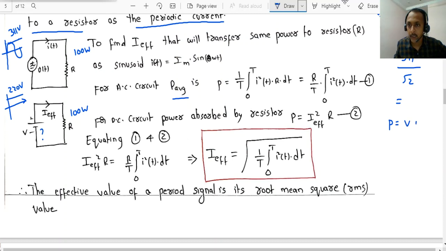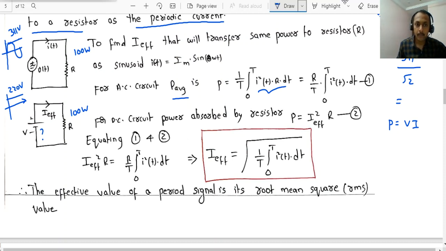Power P equals VI. Average power you get by integrating the power over the time period: 1 by T, integral from 0 to T of i square of t into R dt. R is a constant, take it outside. Let that be equation 1.